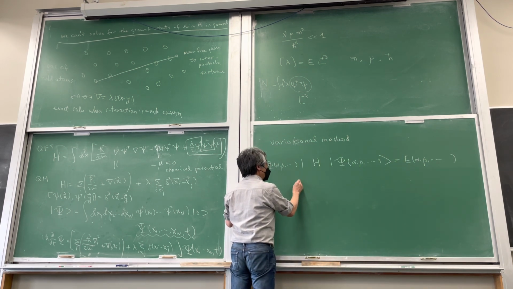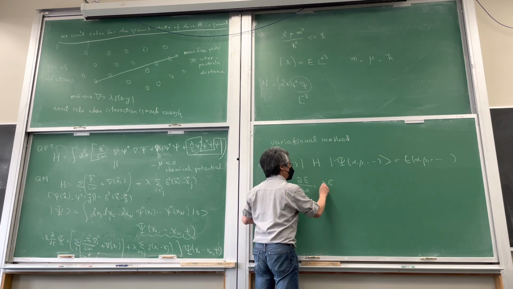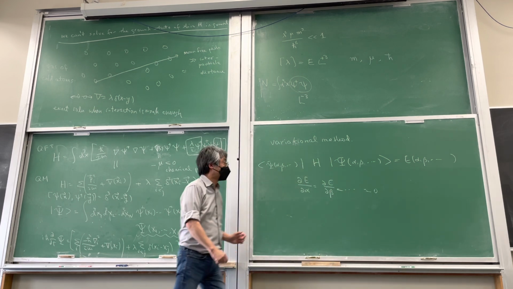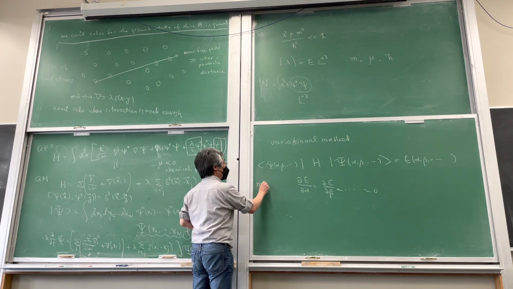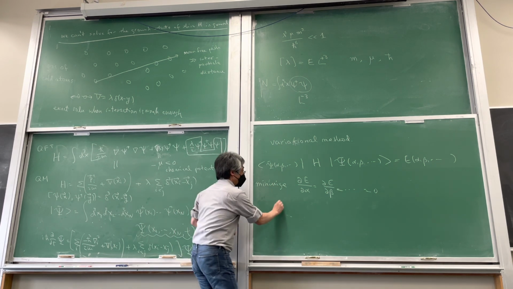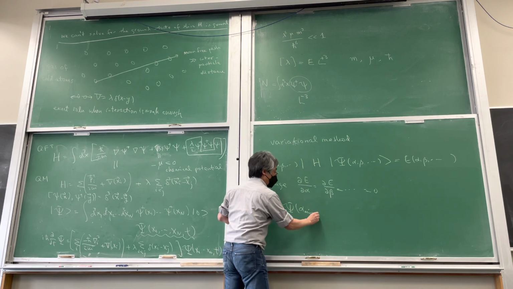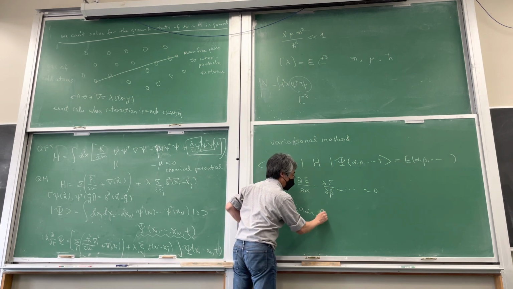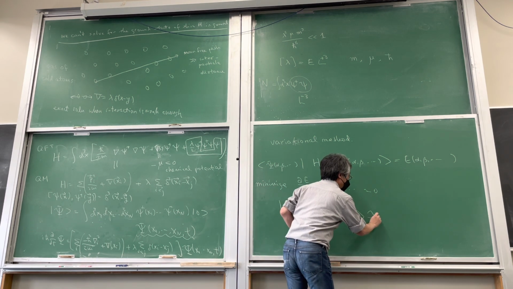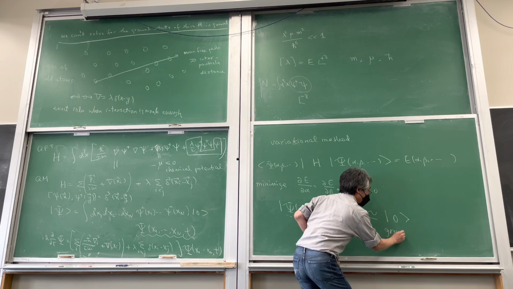And then when you minimize the energy with respect to these parameters, then your ansatz which solves this equation becomes a pretty good candidate for the ground state.